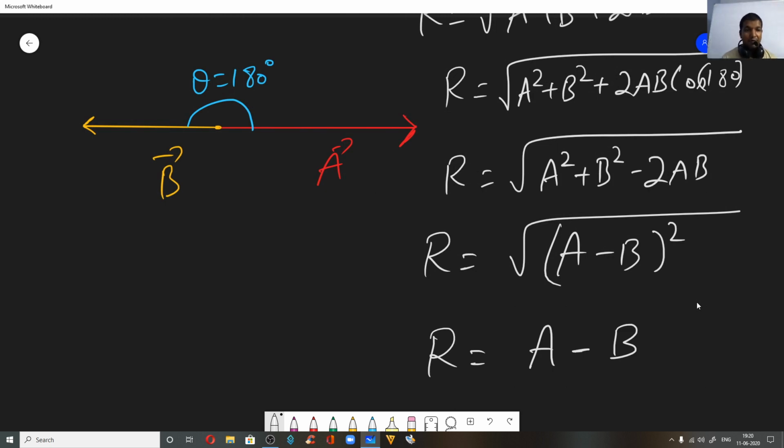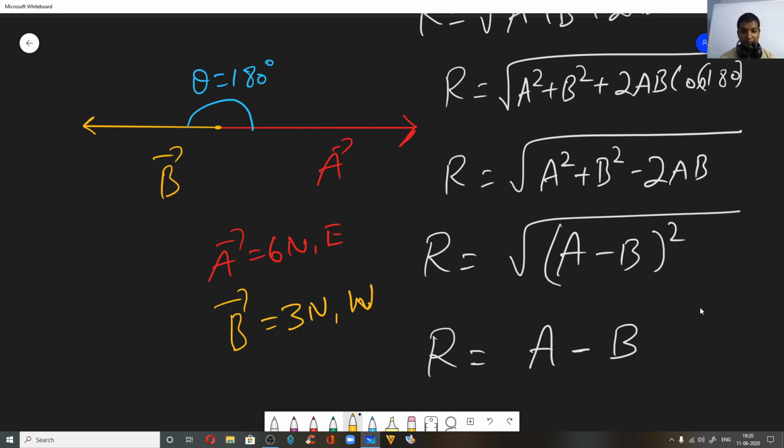Now here I have taken, if you see from the diagram, vector a having more magnitude compared to vector b. For example, say vector a is again 6 Newton towards east, the same example we'll take. Now vector b is say 3 Newton towards west.